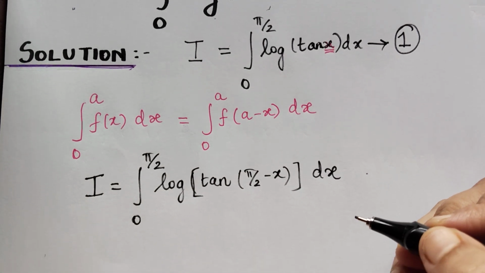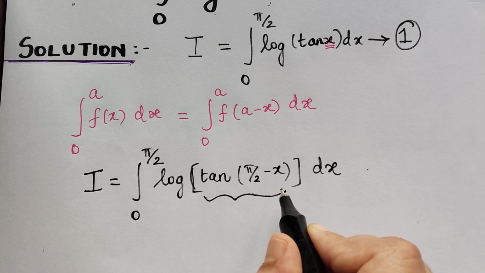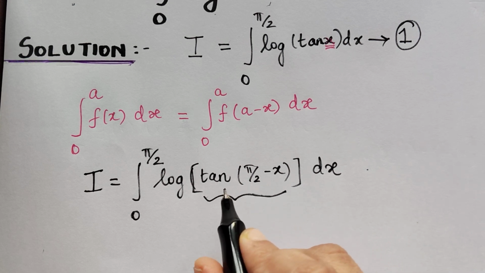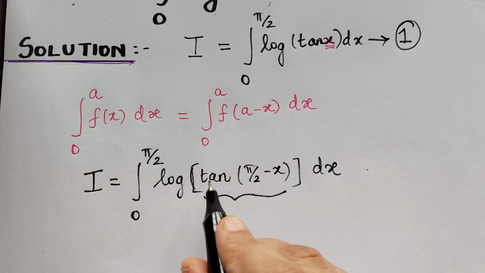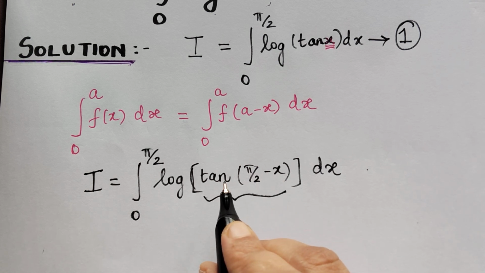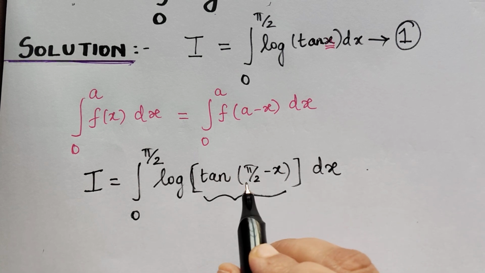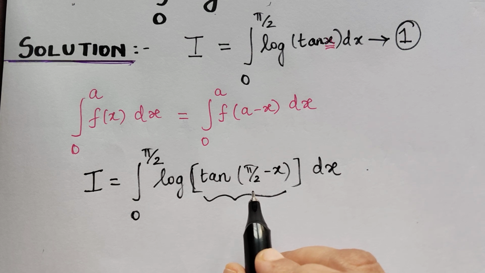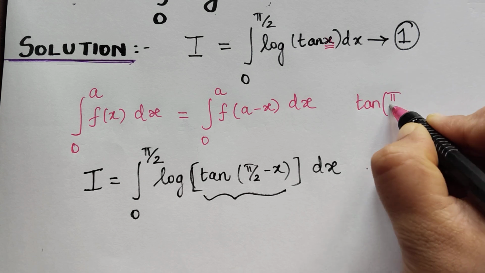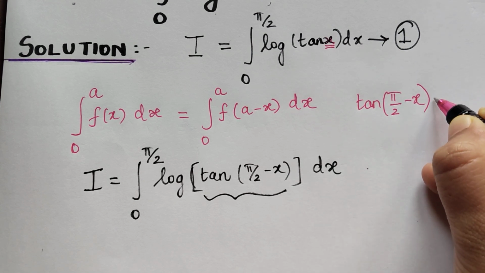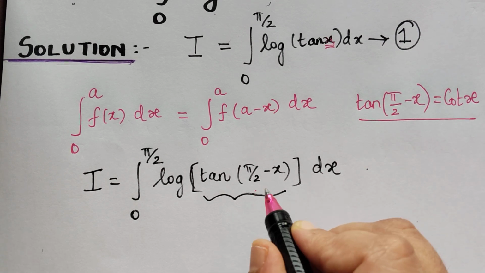Now under trigonometry, we know that tan of 90 minus theta lies in the first quadrant, where all the angles have positive tan, and there will be a change. Here we have tan of 90 minus x, so the change will be cot x. By using the trigonometric identity, tan of pi by 2 minus x is equal to cot x. So let us use this identity over here.